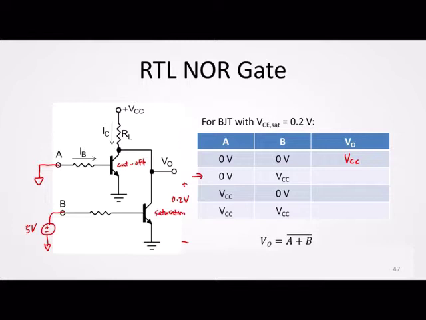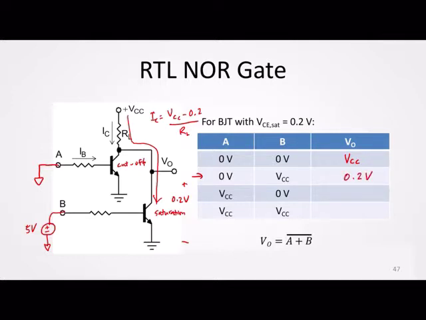The transistor at the top is cut off, so we would actually have current passing through this branch. The current through RL is determined by its value, so your current IC would be equal to VCC minus 0.2 divided by RL. But the output voltage, because this transistor is in saturation, would be 0.2 volts.